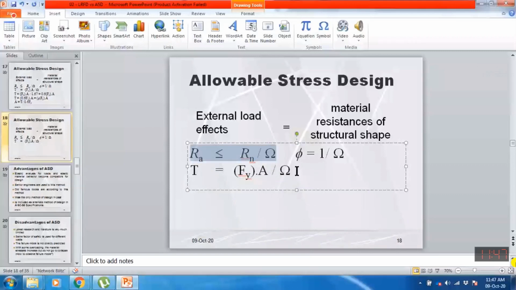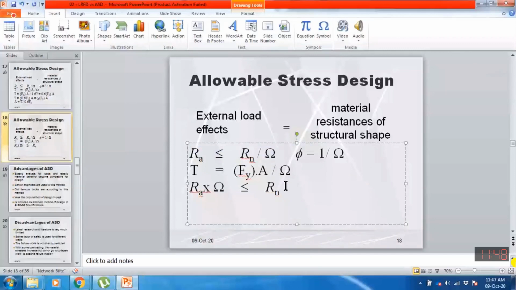if omega is being divided over here and I want to bring it to the other side, it will be multiplied. Actually, I told you that the applied load may be any load, compression or tension. Here the load is this tensile load.